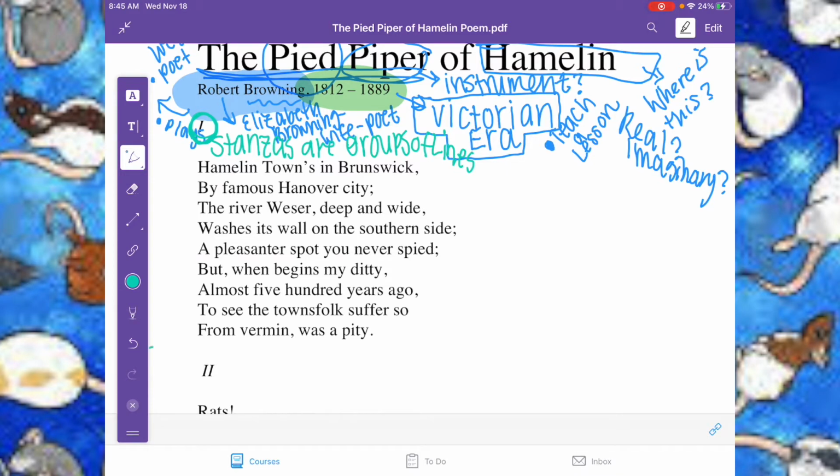Okay, so let's go ahead and divide this first stanza off from the rest of our poem so we can focus here. Let's go ahead and on our first stanza label a rhyme scheme here.